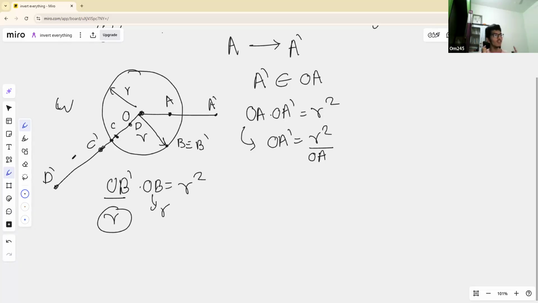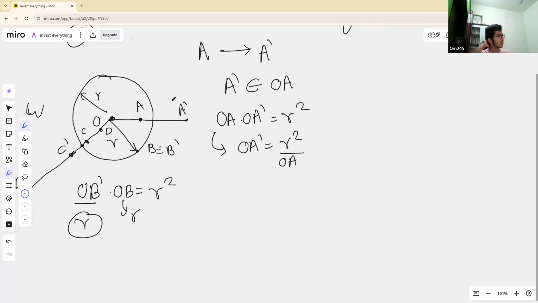There is actually one point: no one asked me where O will go. For now you can assume O maps to infinity, because later on you will see that if something goes to infinity, it actually maps to O under inversion.